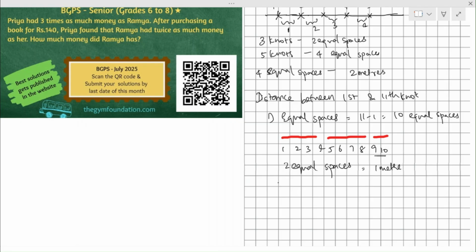So therefore, for 10 equal spaces, you can have it as 4 plus 4 plus 2. And why do we have 4? Because you already gave us 4 equal spaces is 2 meters. So the corresponding distance for 4 equal spaces is 2 meters plus 2 meters. And for 2 equal spaces, it is half of that, which is 1 meter. Therefore, it should be 10 meters.